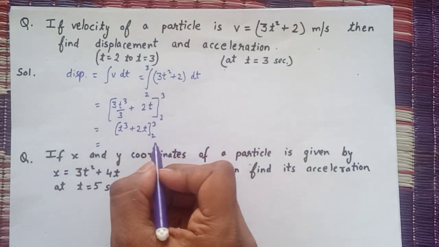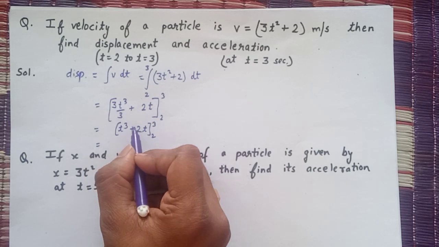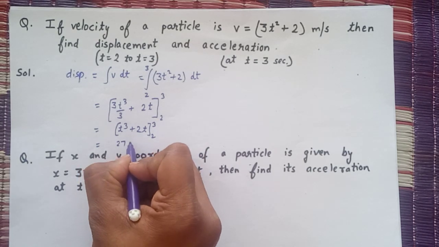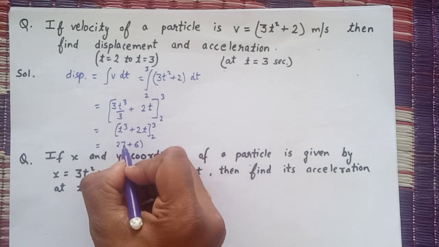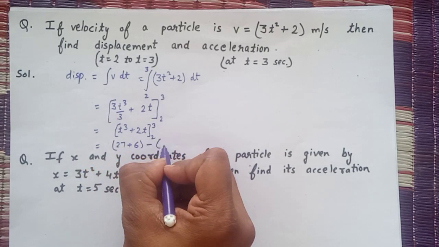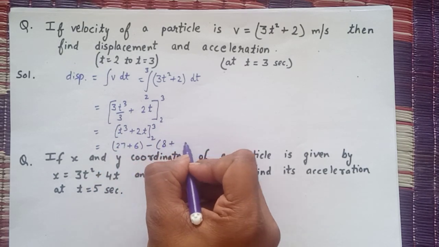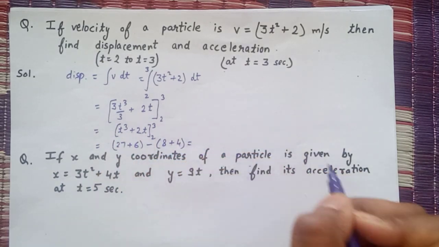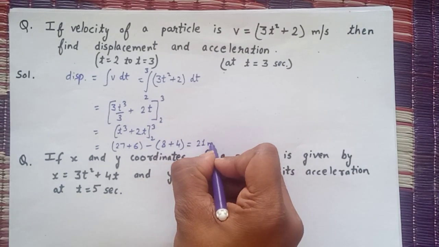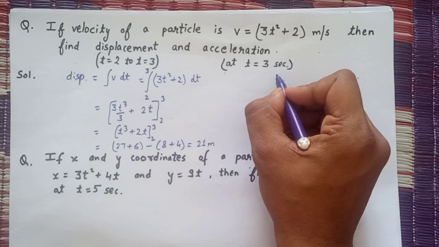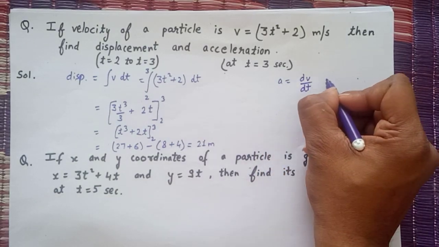Putting 3 first, we will get cube of 3 plus 2 times 3. Cube of 3 is 27 plus twice of 3 is 6, minus lower limit. Putting 2 here, we will get 8 plus 4. It will be 21 meter. Now for finding the acceleration, it is differentiation of velocity with respect to time.